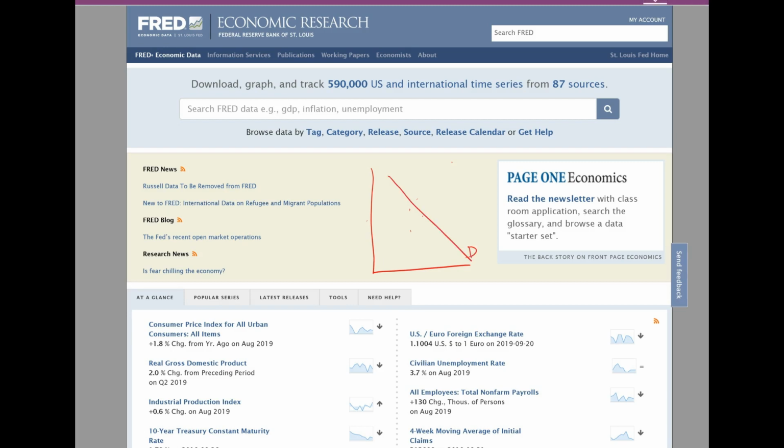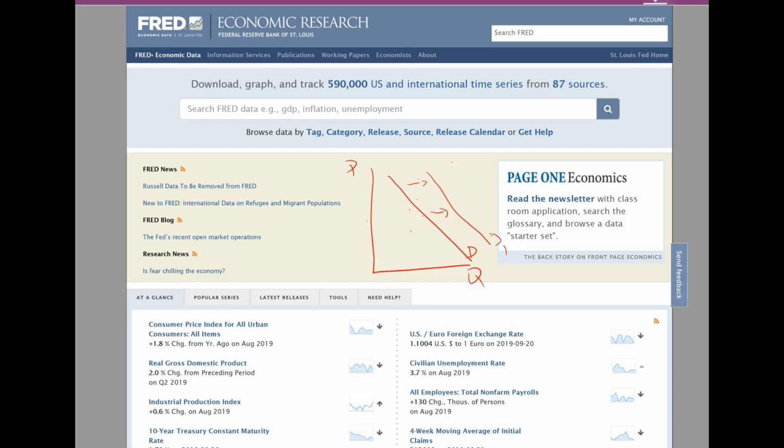Here's a demand curve, price, quantity. Now, let's say you increase the incomes of consumers, and this is a normal good, that's going to shift the demand curve this way. So in other words, when you change a determinant of demand, it moves the entire curve. And we discussed this way back in chapter 3.